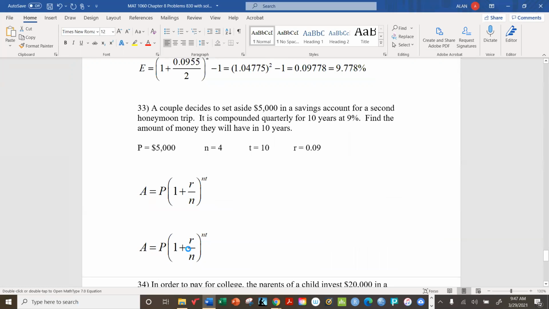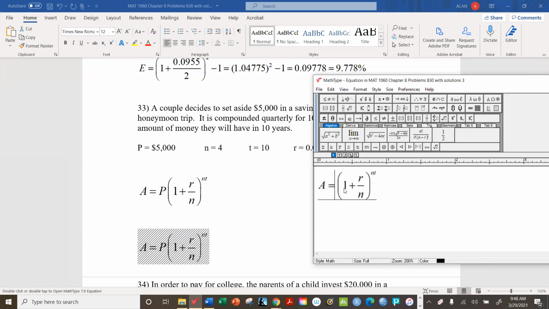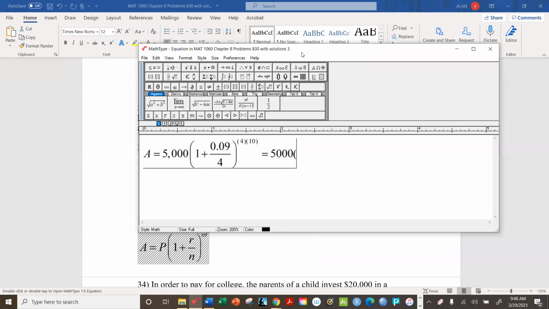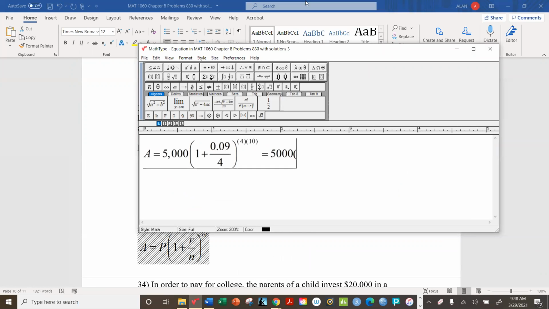So we've got 5,000. And let's see, the rate is 9. The compounding frequency is 4, and it's 10 years. So when we simplify this, we have 5,000 times, now, 9% divided by 4 is 0.0225.